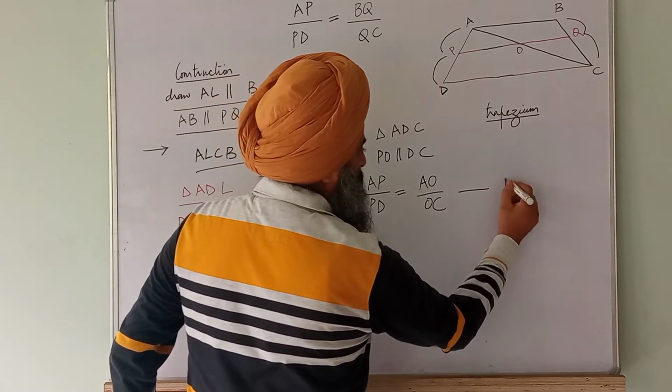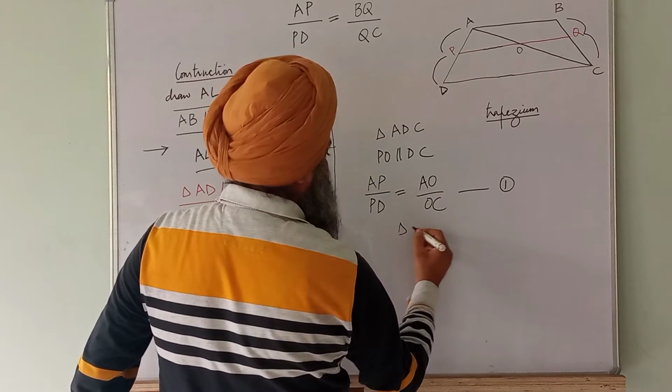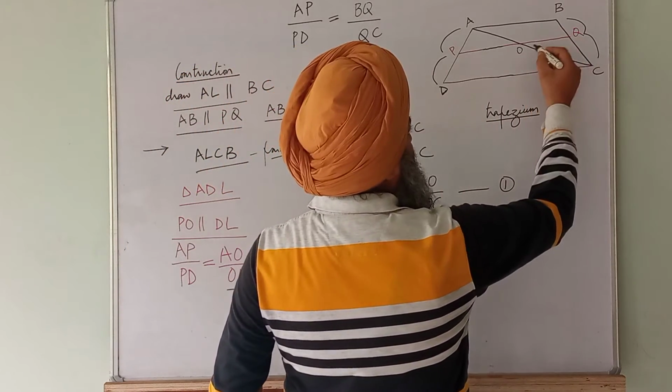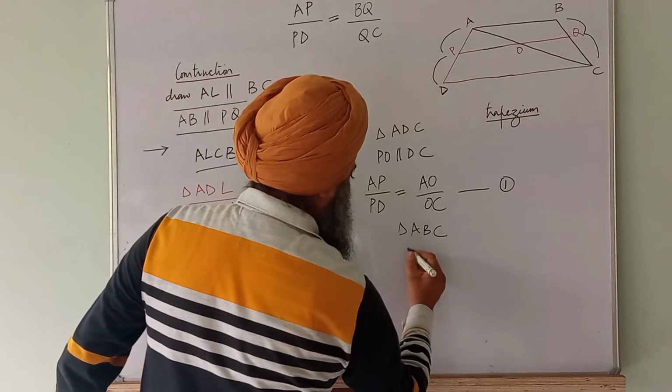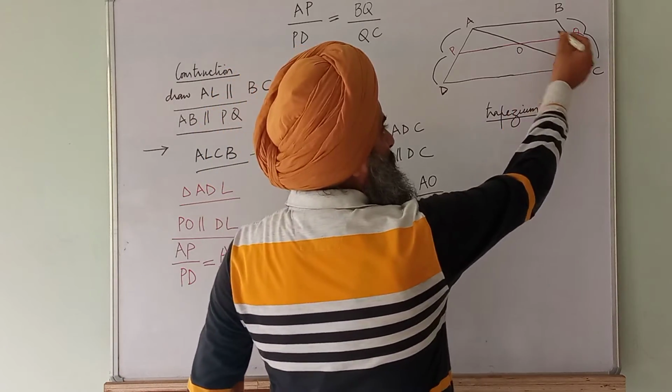This is the first equation. Now see triangle ABC. In this triangle, OQ is parallel to AB. Now can you tell me the ratio?